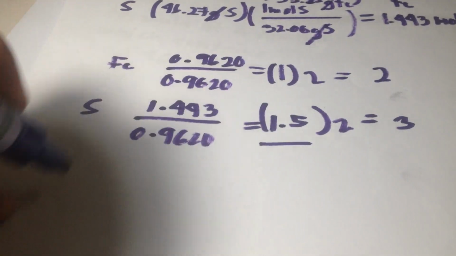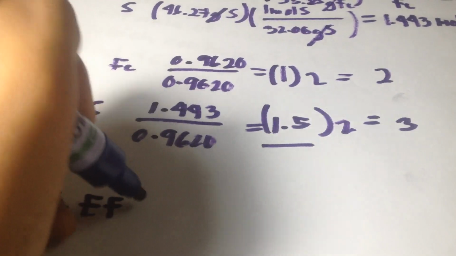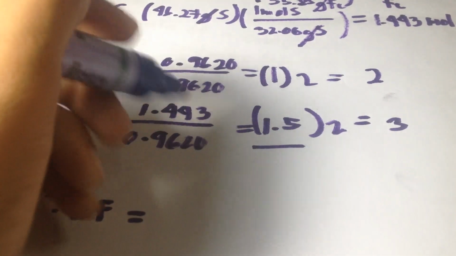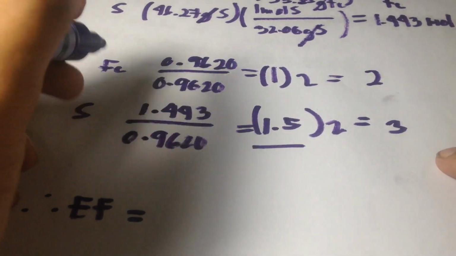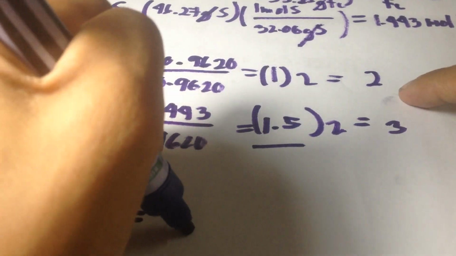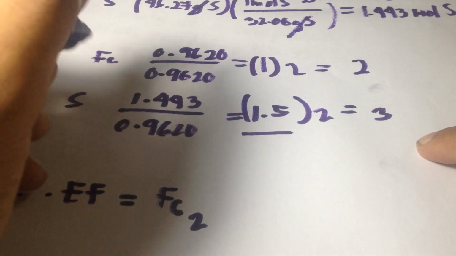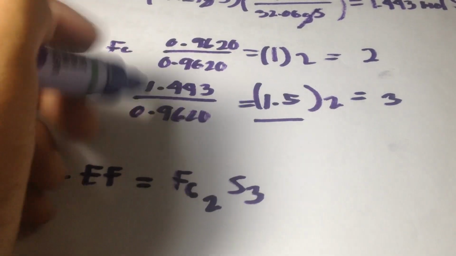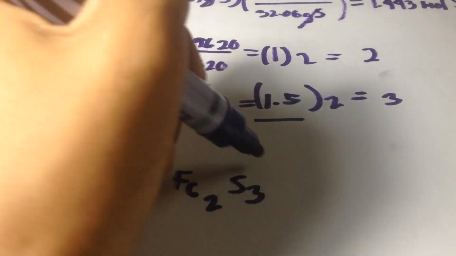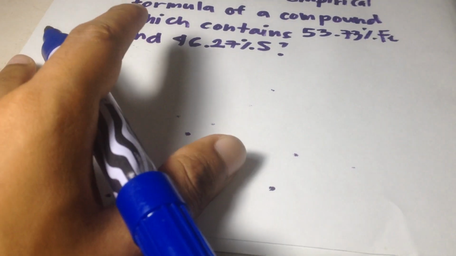So therefore, the empirical formula: iron is 1 times 2, equal to 2, and sulfur is 3. So in iron, they have a 2 subscript, and sulfur has a 3 subscript. So that is the empirical formula, iron 3 sulfide.